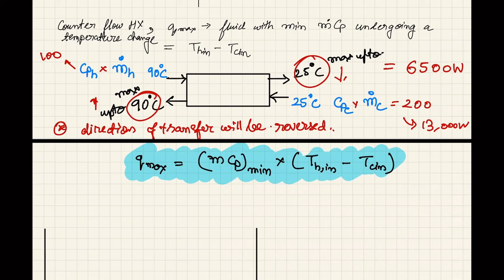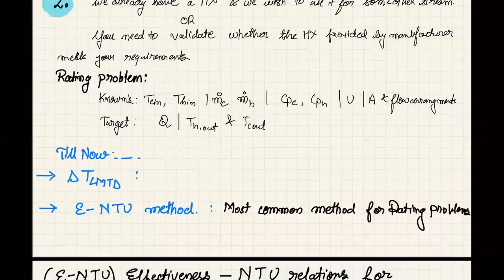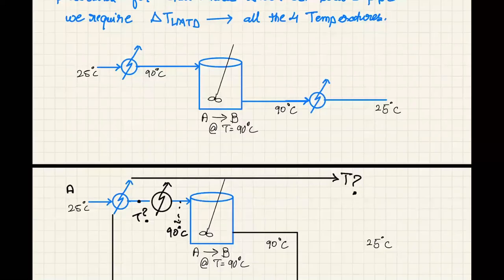No, sir. Okay. Now I have fixed the mass flow rates also. I know the mass flow rates: my hot stream is coming at some 1 kg per second or something like that, and my cold stream is also coming at its flow rate. So we can think of this problem coming out over here.